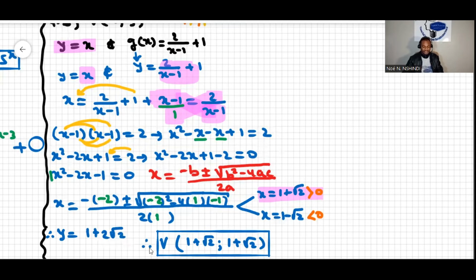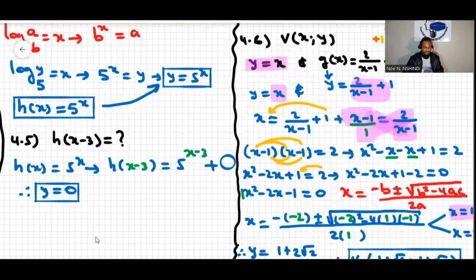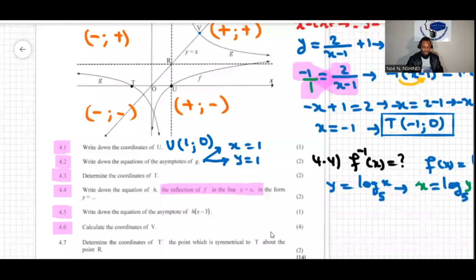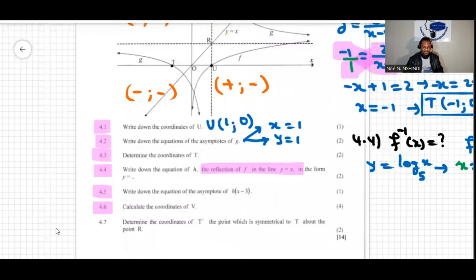Now I want to take another question. Split my board like this. We have another question, I guess, 4.7. Oops, 4.7 is over here. What does it say?